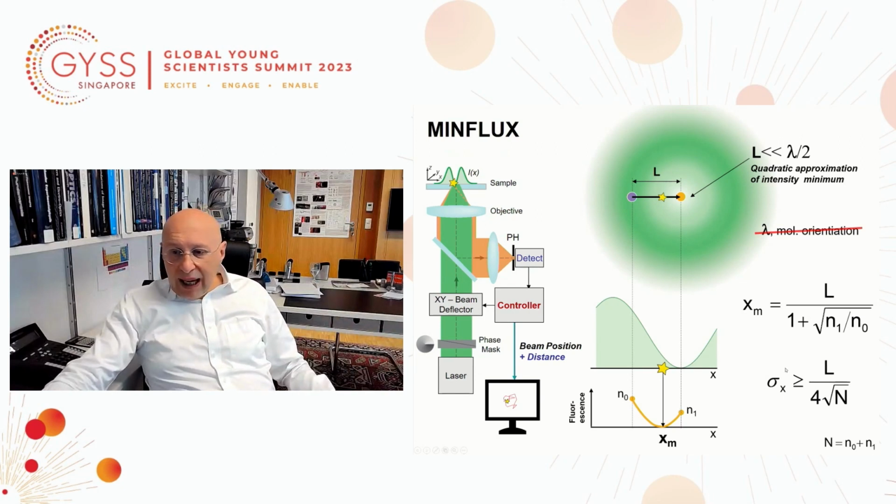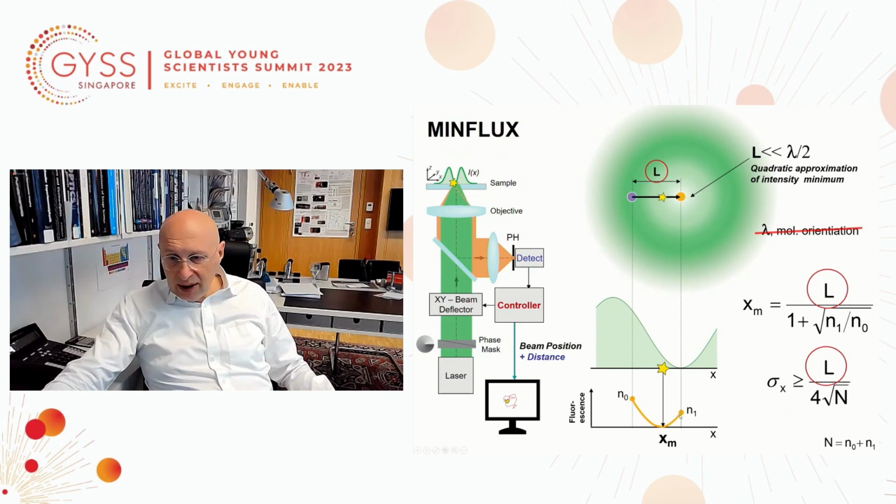Now, if you calculate the precision with which the molecule can be localized, you will find, and that's not surprising, that it scales inversely with the square root of the total number of detected photons. So the more photons you detect, the more precise you will get, but it scales only with the square root, as we've seen before. But now the new thing is, it also scales with the average distance L between the molecule and the position where the donut is actually placed.